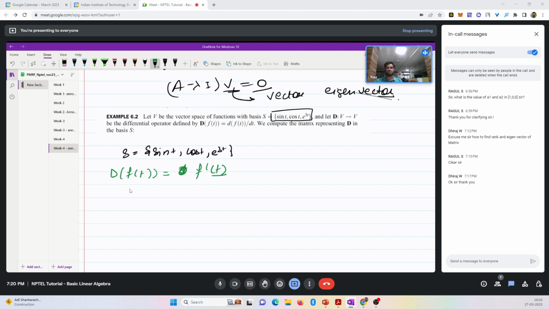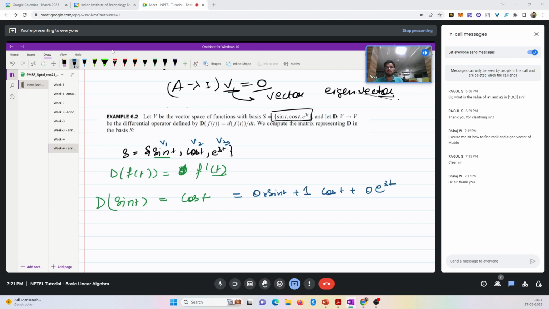Now, the first step again is to find the transformation for the elements of your basis. So D of sine t is nothing but cos t, since differentiation of sine t is cos t. Let's call the first one v1, the second v2, the third v3. Then this is 0 times sine t plus 1 times cos t plus 0 times e to the power 3t.